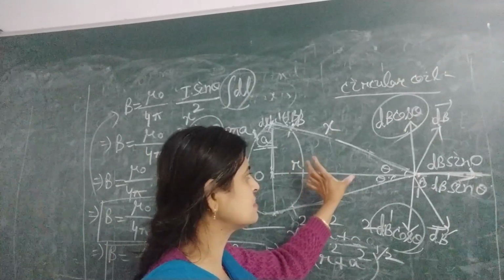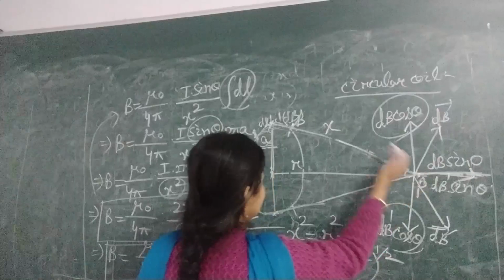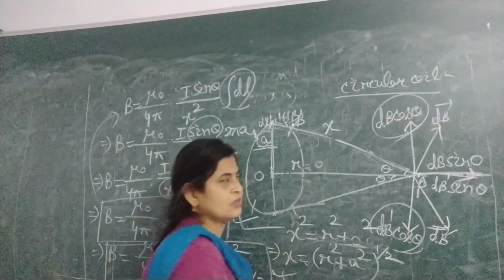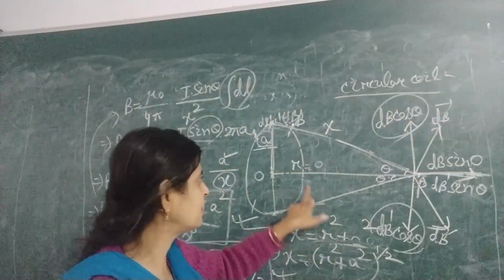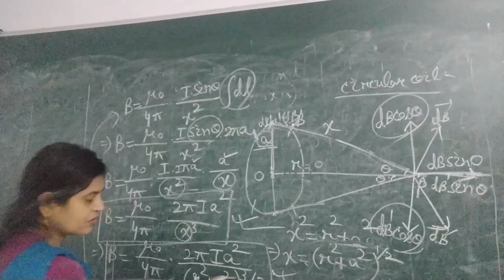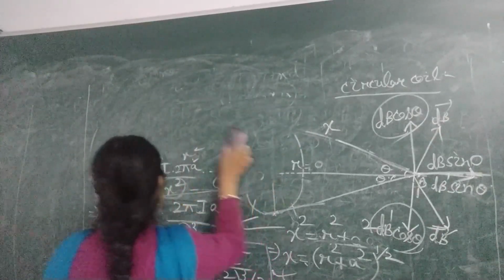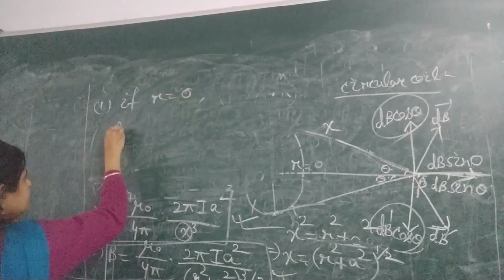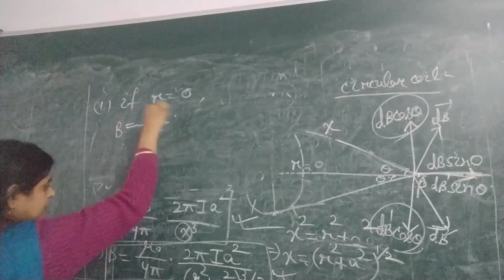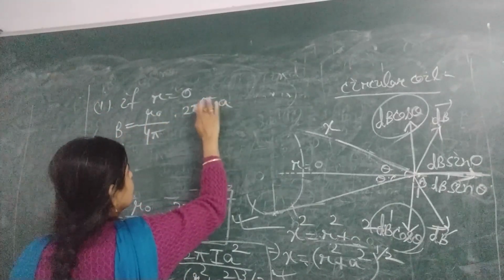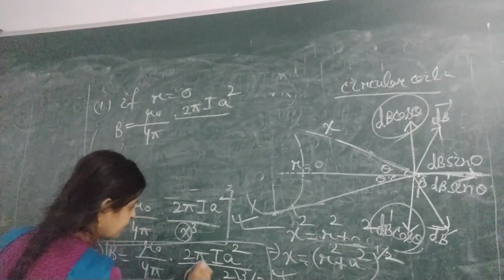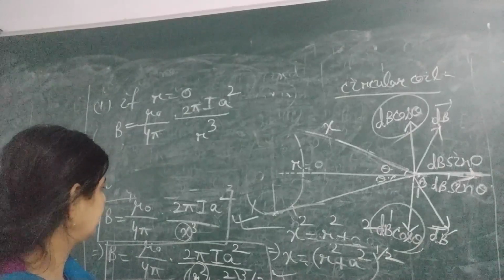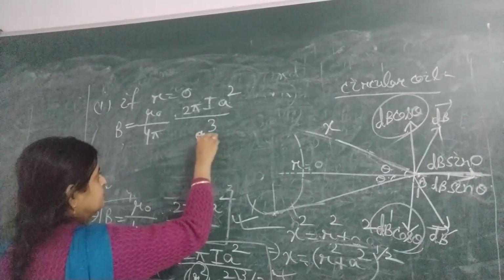Now from these two formulas you can find, if the distance r is zero, meaning the point of observation lies at the center, how much is the magnetic field? When r is equal to 0, then B is equal to mu naught by 4 pi 2 pi I a square divided by a square power 3 by 2, which means a cube.